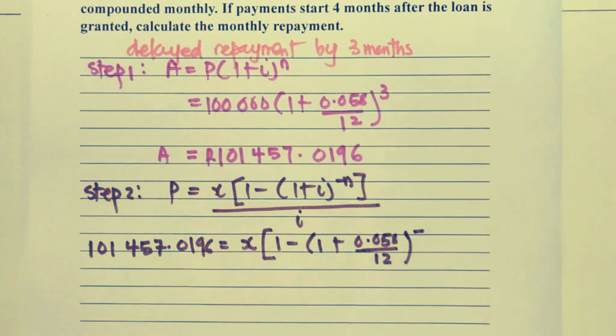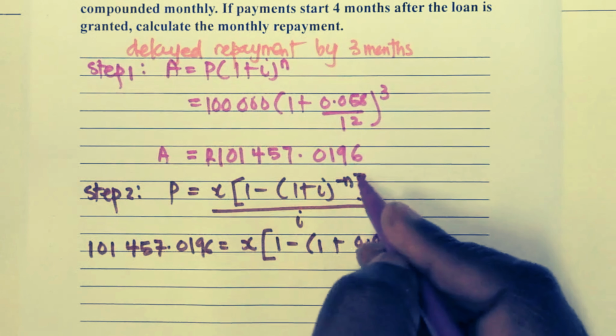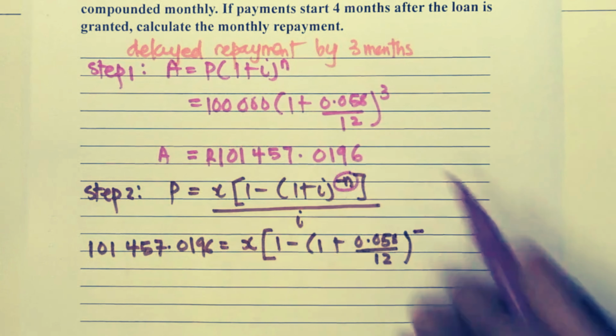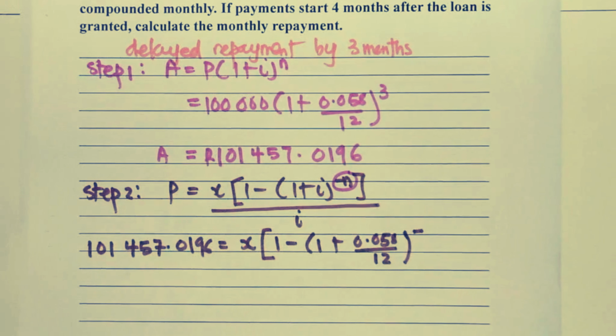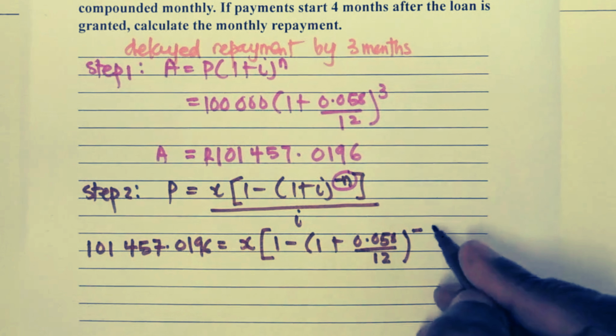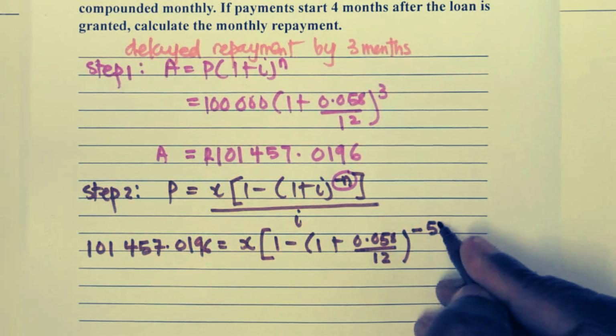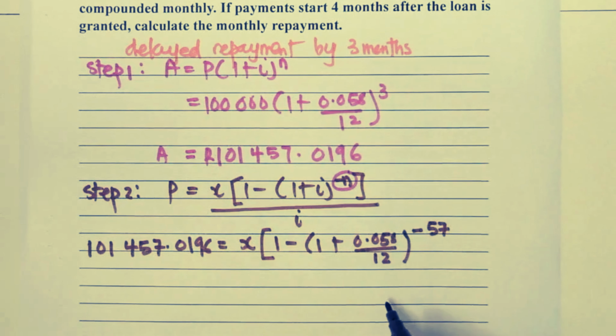For the value of N here, if I read this question, I can assume that this loan was supposed to be paid over a period of 5 years. So 3 months were delayed, so it means the new time frame will be 57 months.